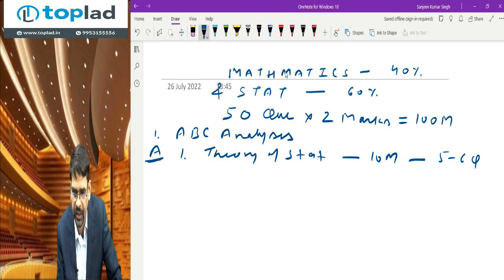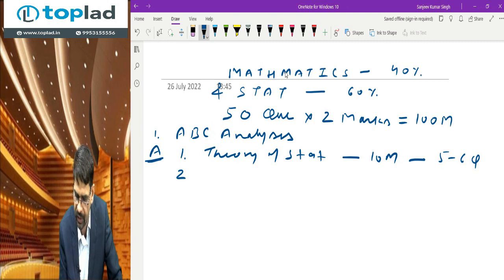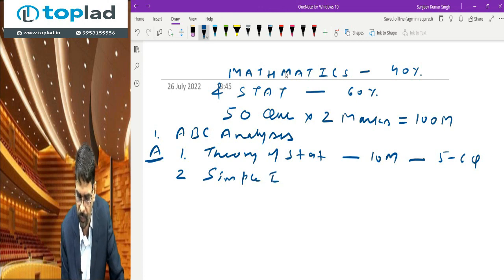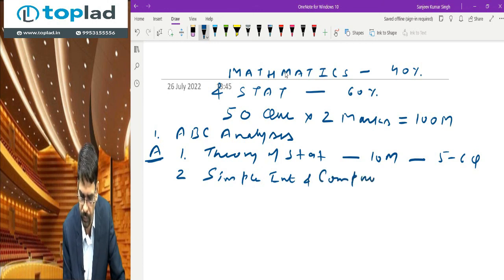And under the A category, the second chapter is simple interest and compound interest.